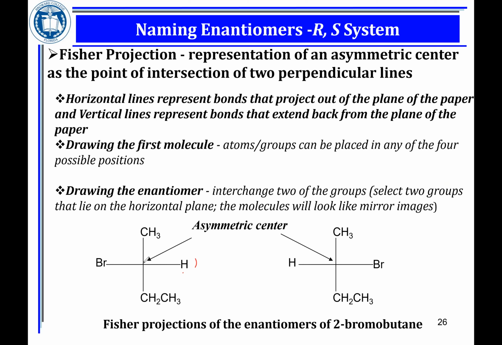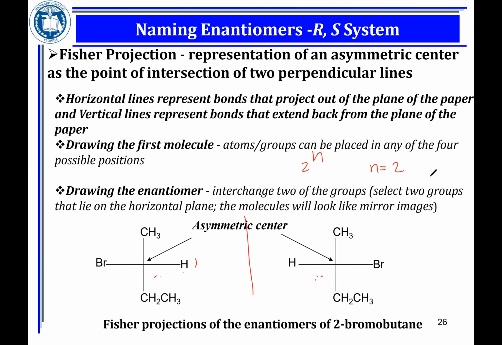When we talk about a pair of enantiomers, or how many possible structures you could have for a compound, it is 2 to the power of n, where n is the number of chiral centers. If your compound has only one chiral center, that means you have only one pair of enantiomers, or only 2 chiral compounds as a result. But if n equals 2, that means your compound has 2 chiral centers.